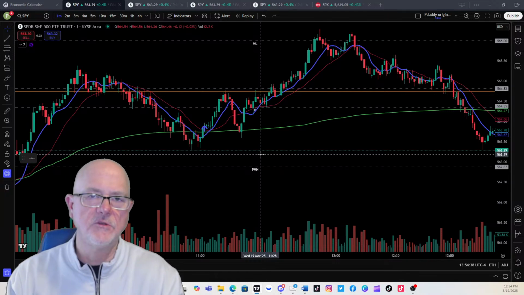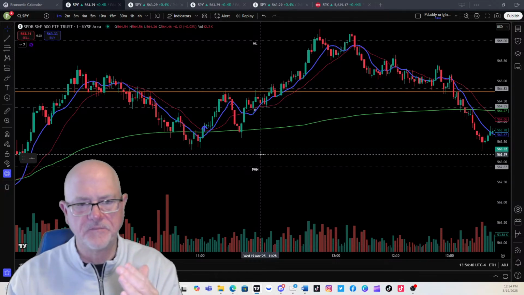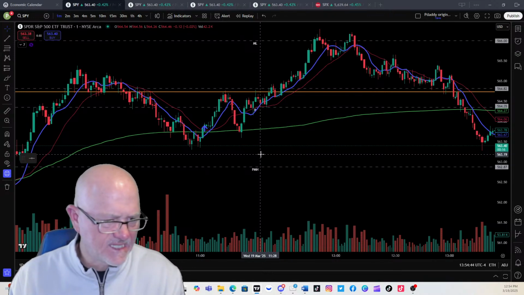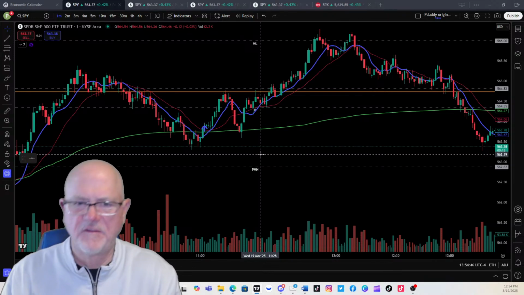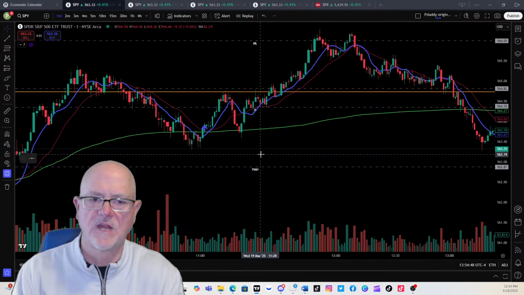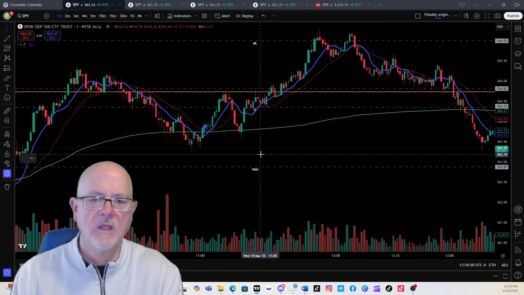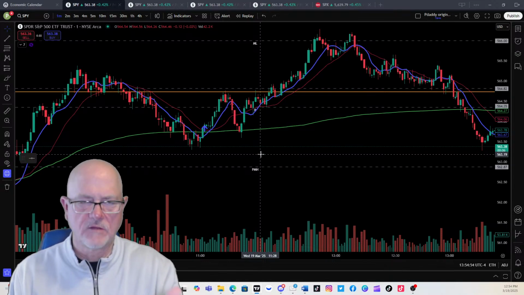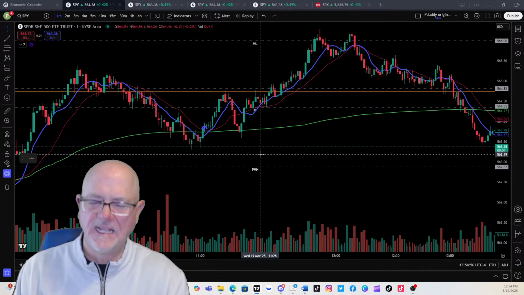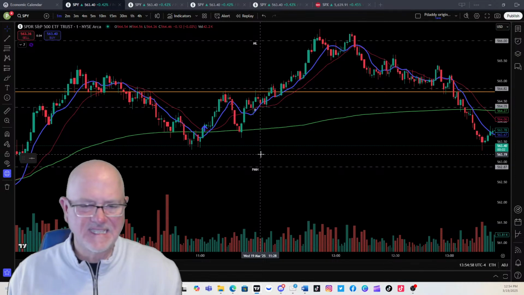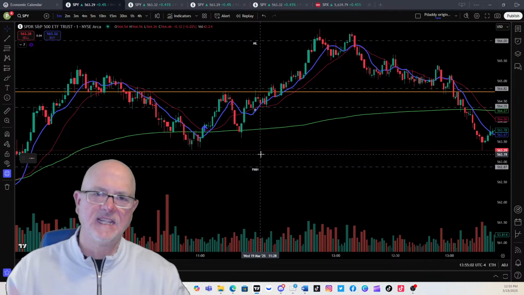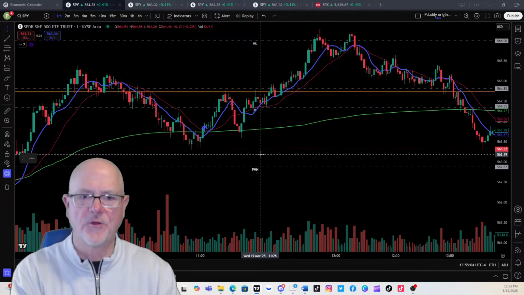Let me back up just a little bit. We've got a little over 5 minutes before the funds rate comes out. One of the reasons we use both the 9 and the 20 is that it doesn't determine what we do, but it gives us an added layer of support and resistance.